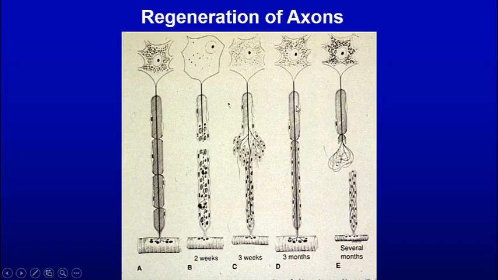And that's why over a period of time, sometimes you restore function whenever you have neurologic damage. Other times, if it's damaged in such a way that it can't get there, then it won't return even several months later on.